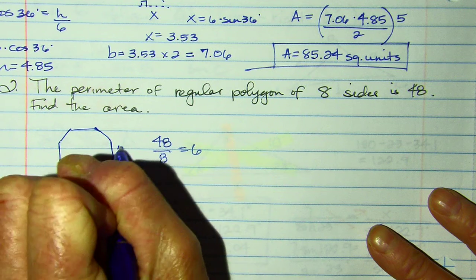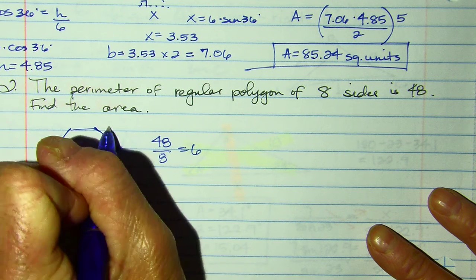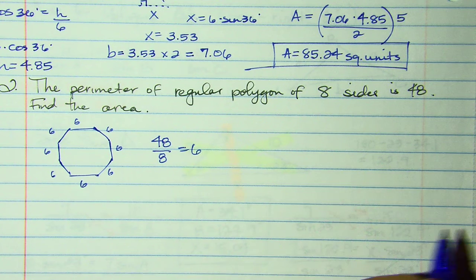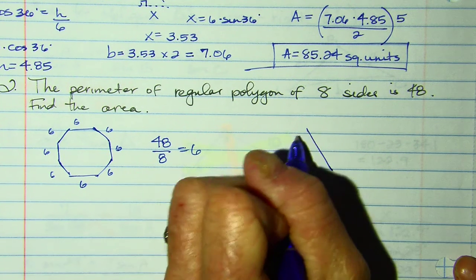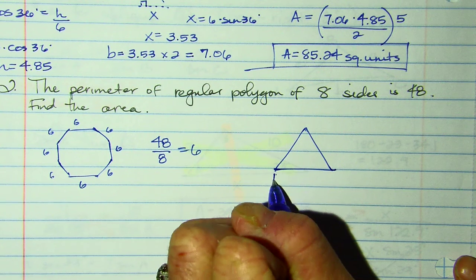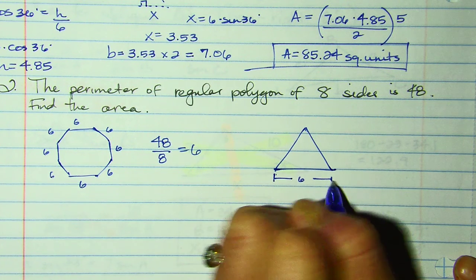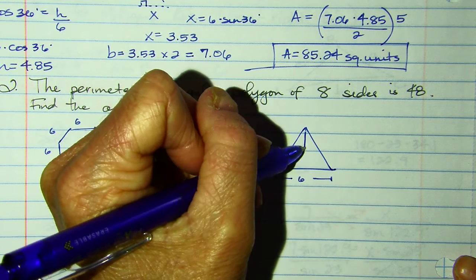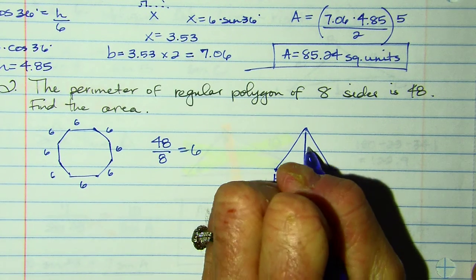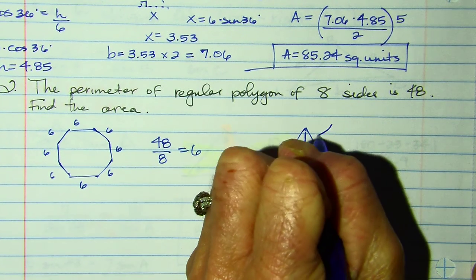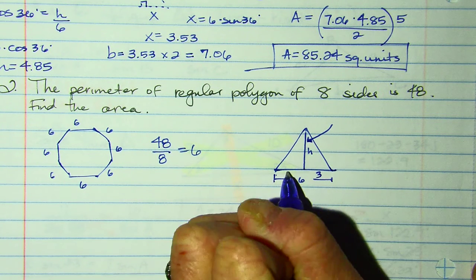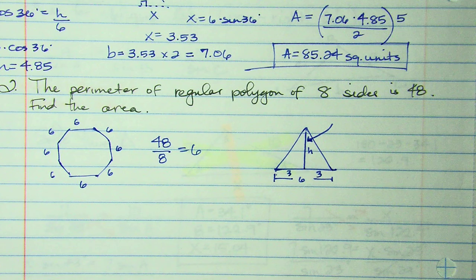So each of these is 6 all the way around, right? So they want the area. So I've got that this whole thing is 6. So I'm going to create half of this, right? I need to find my height, and I need to find that angle there, because I already know that each of these is 3, because half of 6, right?